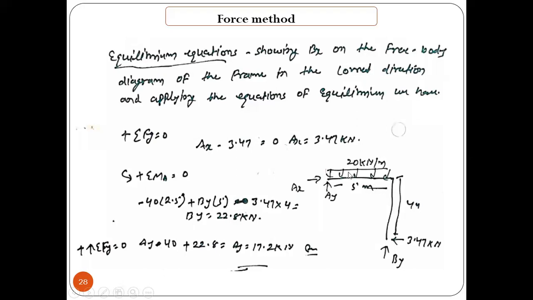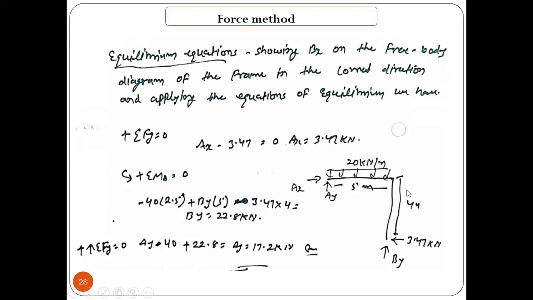So that will be minus 40. Minus 40 means 20 into 5, the distance. You can convert it, it is the reaction into 2.5 minus By into 5 minus 3.47 into 4. So By comes out to be 20 into 8. So 20 into 5 into 2.5, it should be minus 40, should not be there.